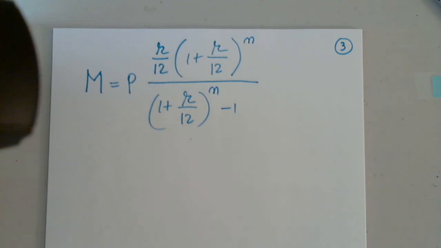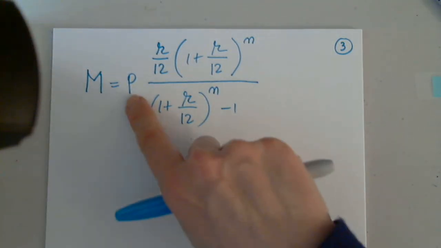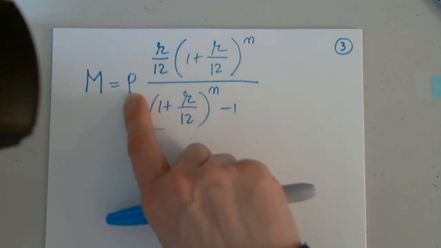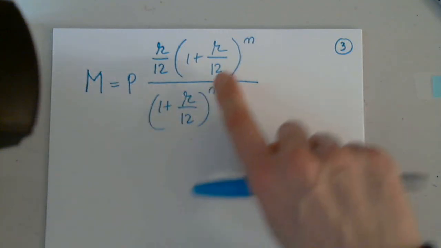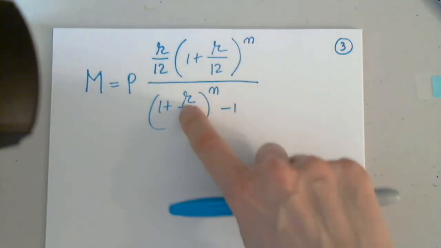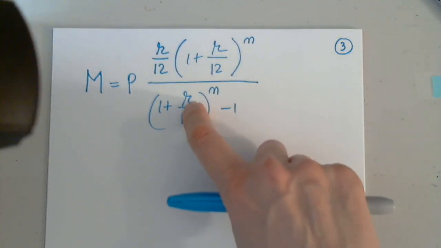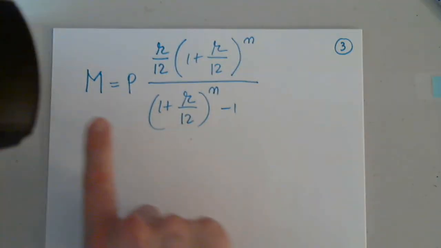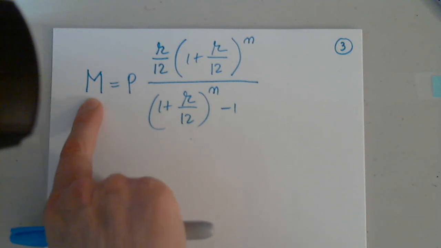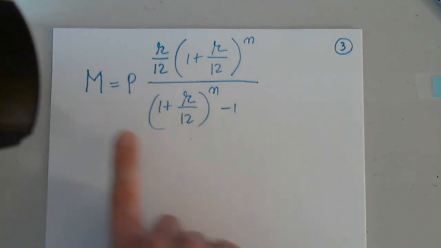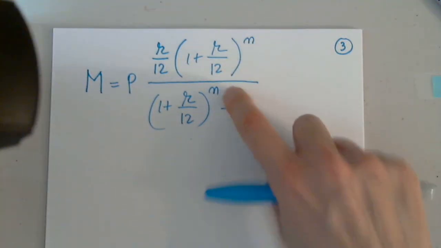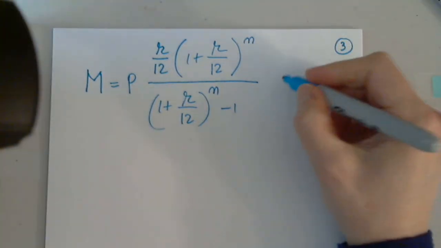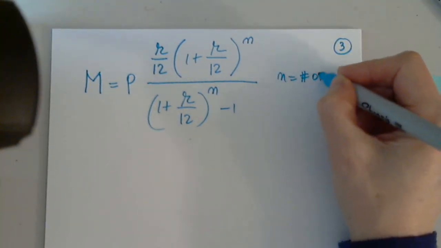It's not an easy formula to work with. Okay. If P dollars are borrowed, of course, the same thing, principal, at the annual interest rate, R, in all these three, it's R, of course. The payment M per month made each month for a total of N months. So this N, number of months.